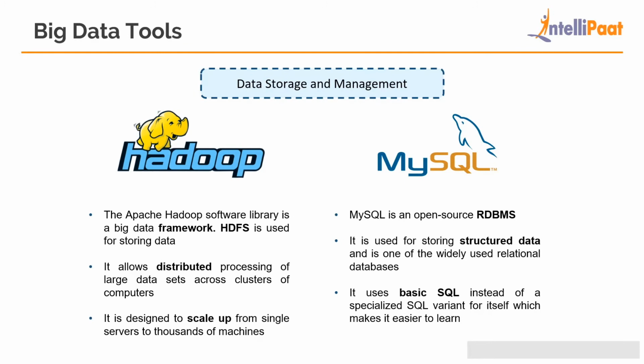You upload a large data set into the master computer, and that master computer will split the data set into 4 smaller parts and provide them to the 4 different client computers, so that the task is completed 4 times faster than analyzing it on a single computer. This is how Hadoop works, and it is designed to scale up from a single server to thousands of machines. So you can do it on a single machine, or on thousands of machines connected under it.